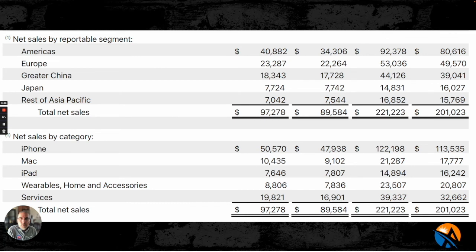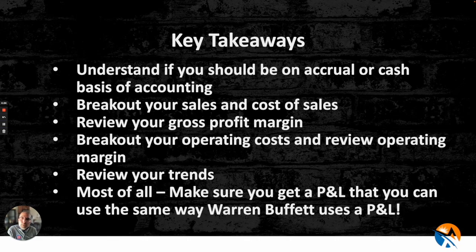The key is to develop this report that best serves you and helps you understand the business and acts like a trigger for you to go and look at other numbers that might not meet the expectations you have for those particular numbers. So some key takeaways are: understand if you should be on the accrual or cash basis of accounting.